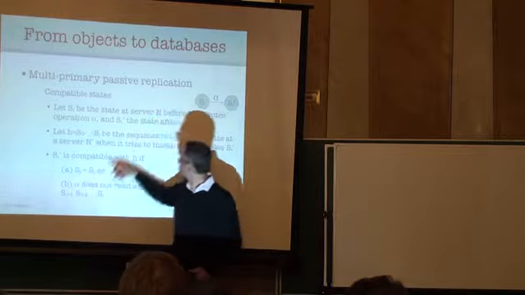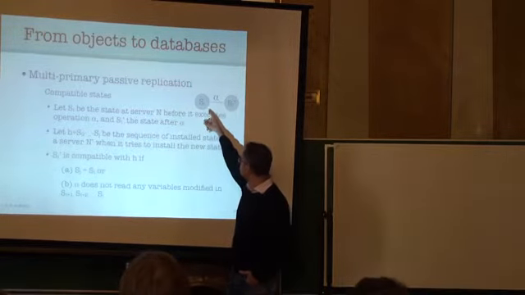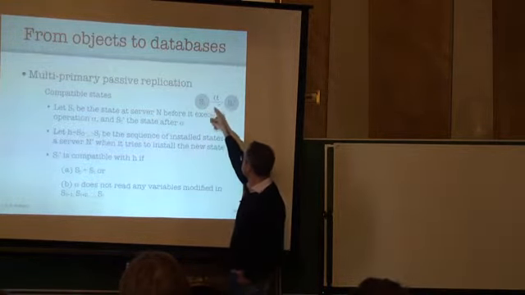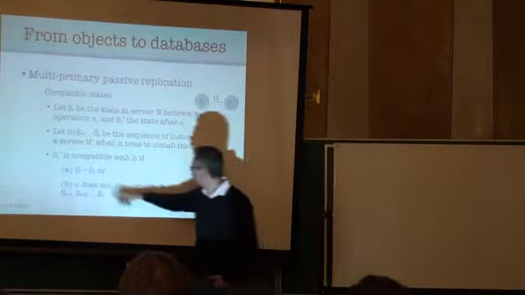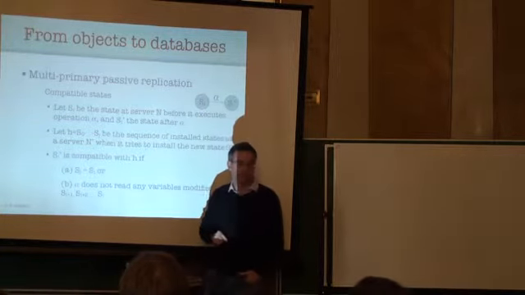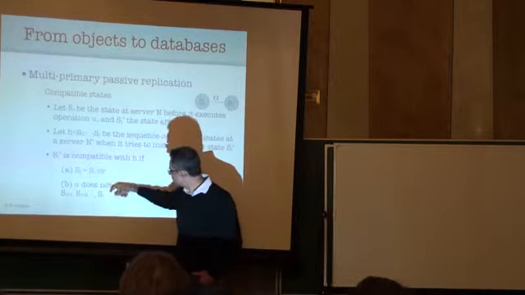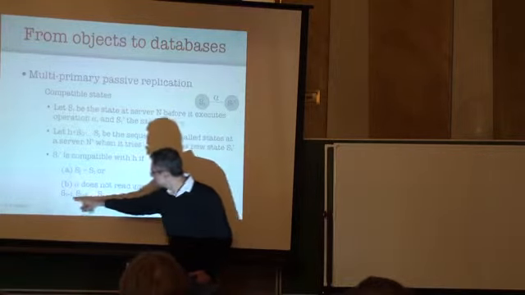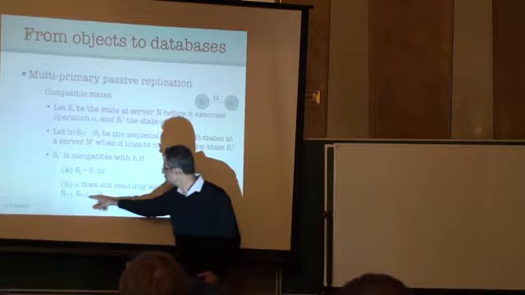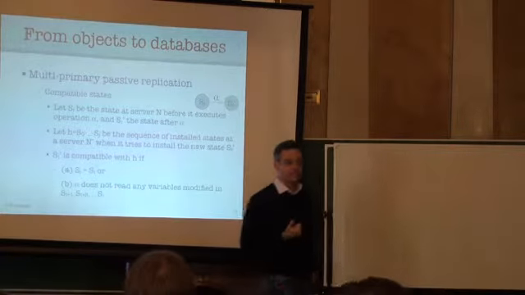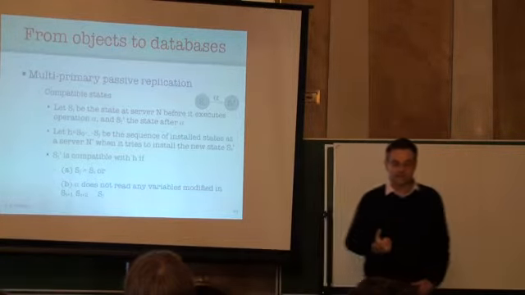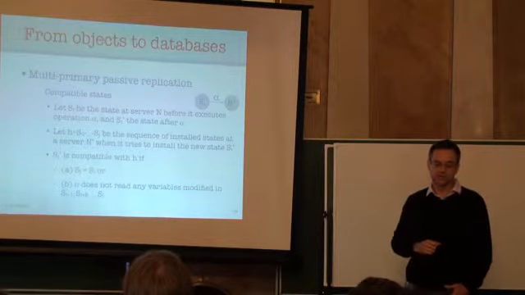So Si prime was derived from Si. So here I can have Si plus 1, plus 2, etc., until I get to the last state in my history. And I try to apply Si prime after Sj. So if none of these states here were read by my operation, then Si prime is also compatible with the previous states.